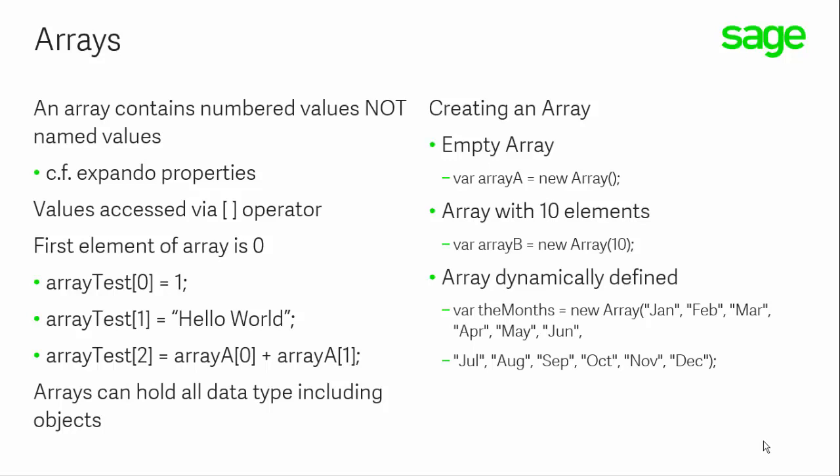Then array test 1 hello world, so that goes in as a string. So we can mix within the array a mix of numbers and strings, and actually it can hold all data types, including further objects and arrays itself. You can therefore define arrays in lots of ways.